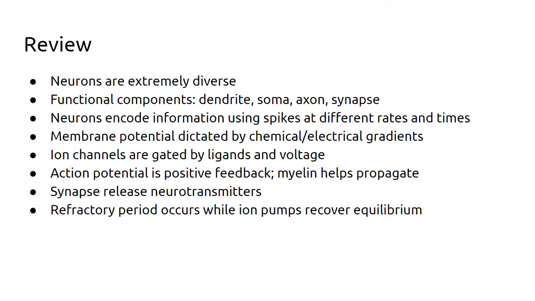All right, that was a lot of stuff. What's the core take-home out of all of that? Neurons are extremely diverse. There's lots and lots of variety in the structure, the response, the behavior, how they're connected to things. But there are some pretty common functional components. There's dendrites, the places where we're gathering input from.